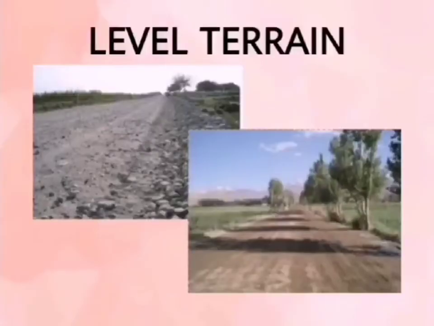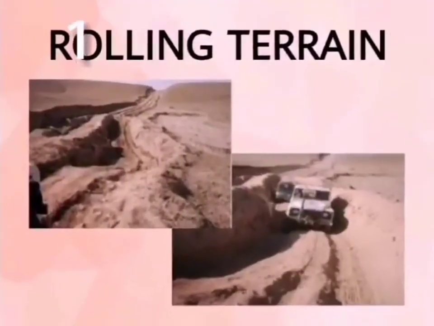Level terrain is categorized as gradients or horizontal and vertical alignments that allow heavy vehicles to maintain the same speed as private cars. Next is rolling terrain. Those gradients or horizontal alignments result in the speed of the heavy vehicle in question being lowered to a value substantially below those of the private cars on the same stretch of roadway.